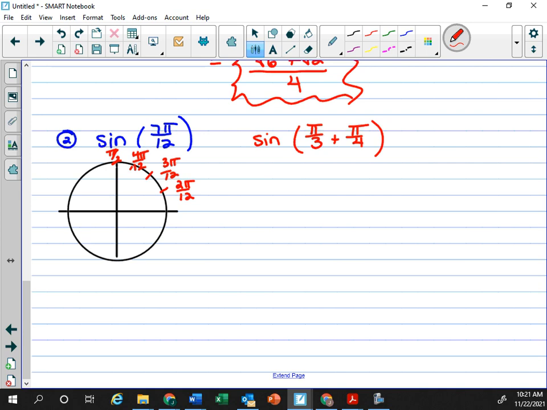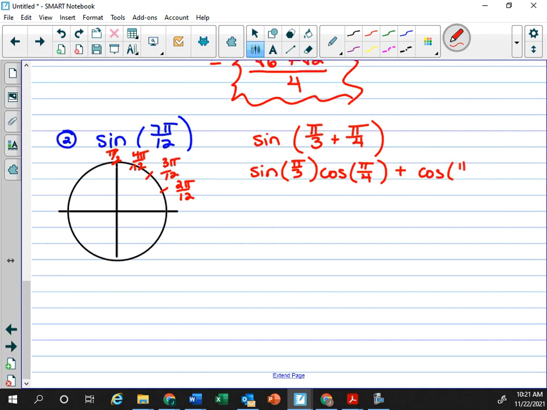Then we're using the formula. So it's going to be sine of pi over 3 times what? Cosine of pi over 4. Plus or minus? Which one? Good. What?